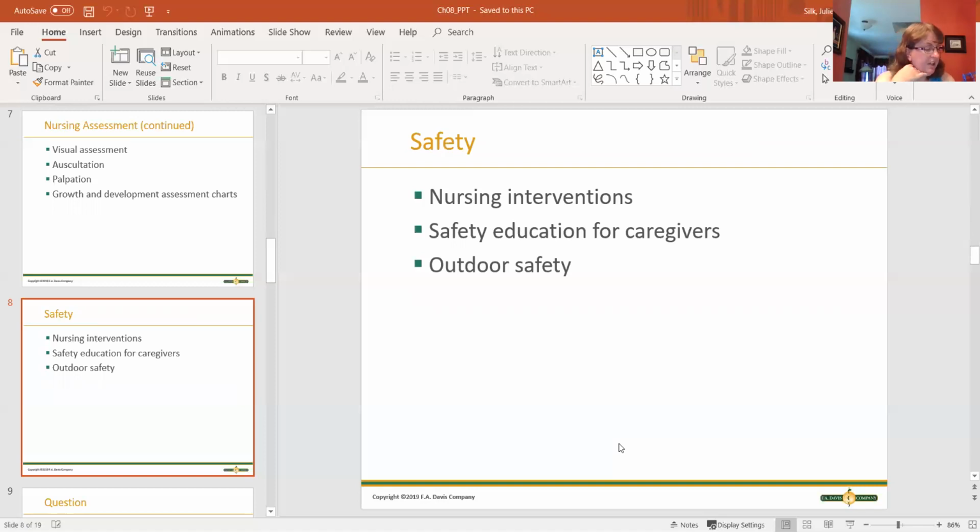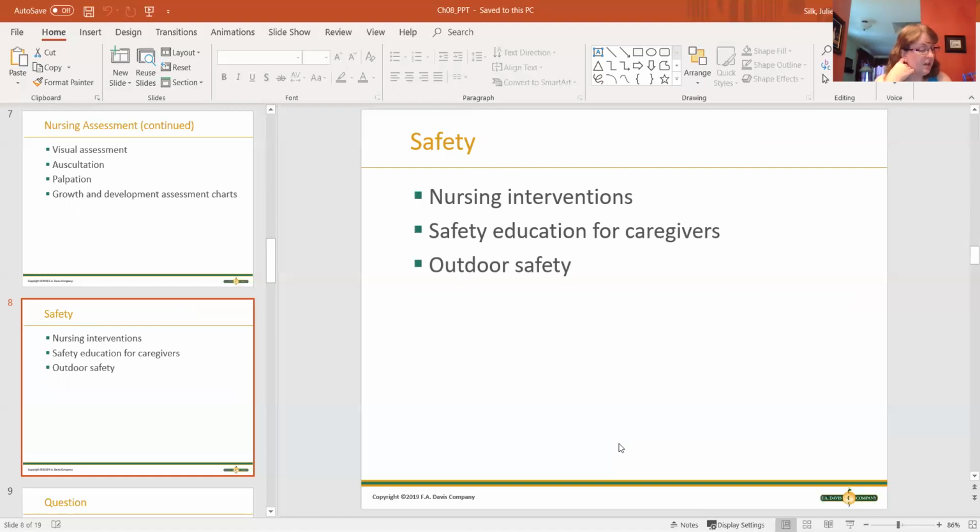So the top 5 leading causes of injury deaths in children would be drowning, motor vehicle accident, homicide, suffocation, and fires and burns. So the leading causes of non-fatal injuries in children would be, and this is in kids 1 to 4, falls, struck by or against an object, bites and stings.